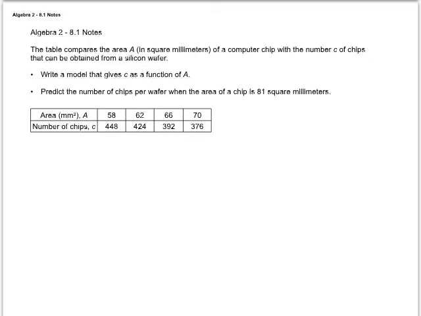So this first one is just going to simply be 58 times 448. Again, we're looking at the number of chips we can get from that area. So if we've got 58 square millimeters, we can get 448 chips. So when you multiply those two together, you end up with 25,984.